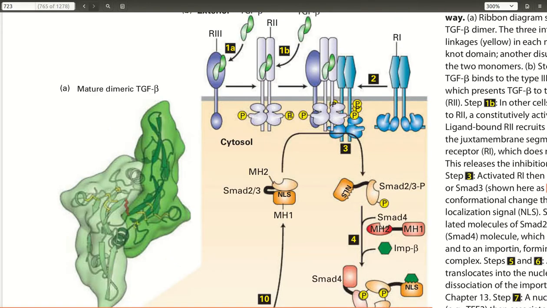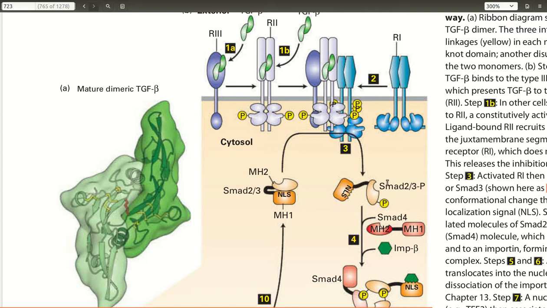And what happens is once you have the activated R2 complex, it will phosphorylate the MH2. So you can see now you have that yellow phosphate group, and that causes the dissociation between these two domains.